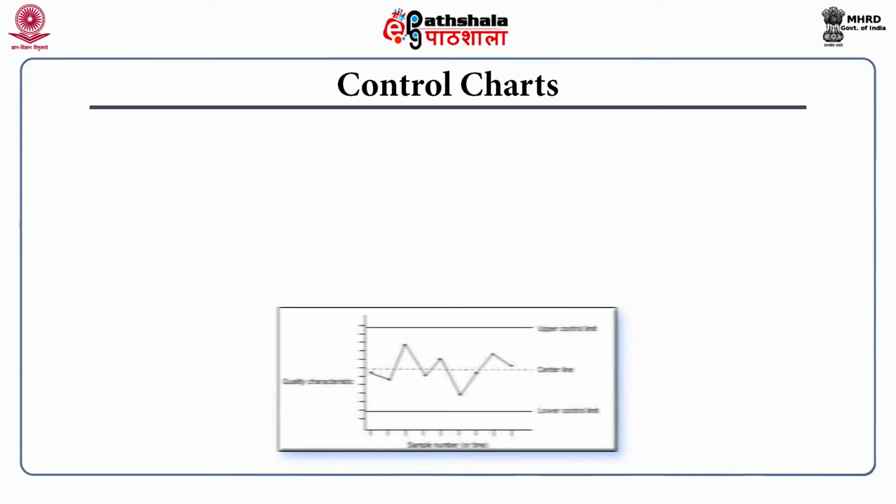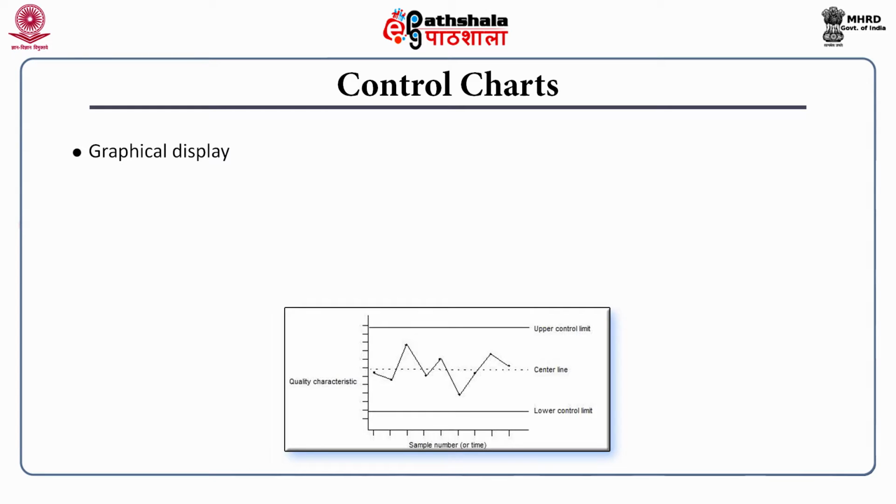Control charts. For measuring performance related variation, control charts could be used. Control charts graphically display a sample quality measure in comparison to sample number or time. The chart shows a center line that represents the average value of the quality characteristic corresponding to the in control state.